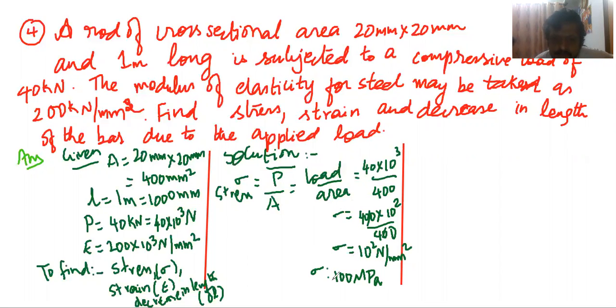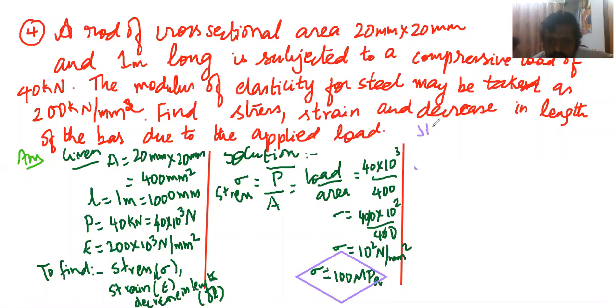So we keep this like that. That is our sigma. Then we move on to finding strain.